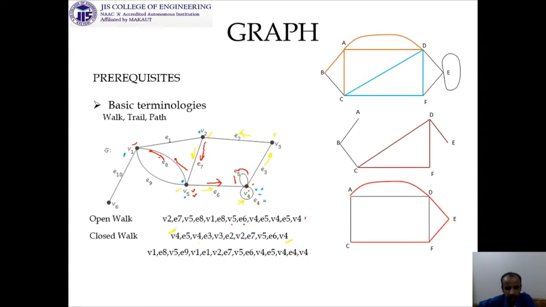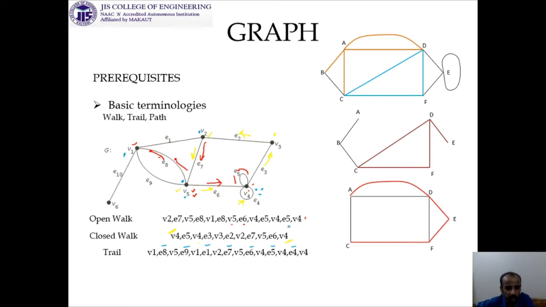If you observe it very cautiously, this is 8, 9, 1, 7, 6, 5, 4. Is there any repetition of the edges? No. So what is this? According to the definition, it is a trail.